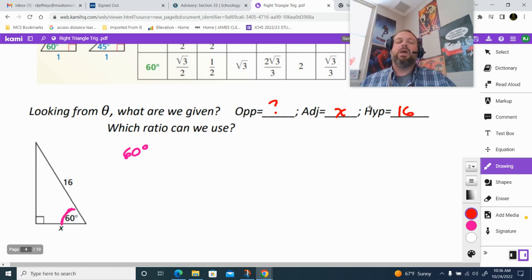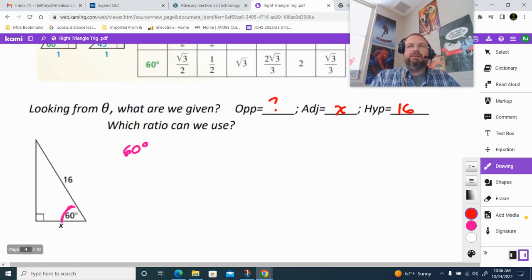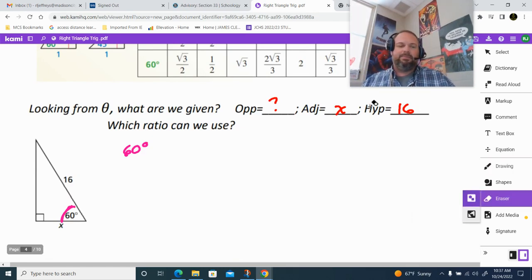Now, which ratio can we use? Which ratio deals with adjacent and hypotenuse? Cosine, yes. Some people are like, I don't know. Well, flip your paper over and look back at the definition. It's cosine.